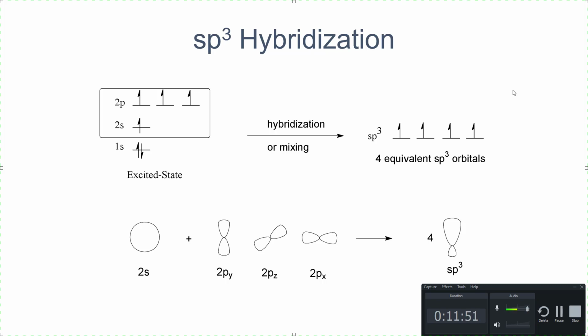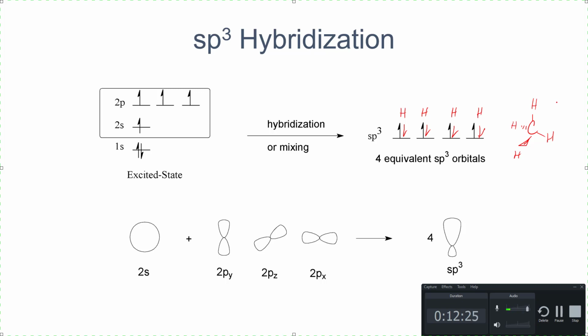If we have 4 equivalent sp3 orbitals, then as each one bonds to a hydrogen to form the carbon-hydrogen bond, all 4 bonds in methane will be exactly the same. So we form these hybrid orbitals, and that's the reason why methane has 4 identical CH bonds.